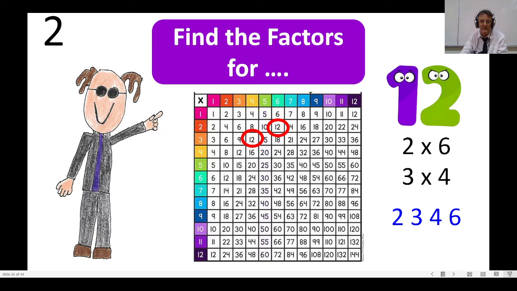So the factors for 12 are 2, 3, 4, and 6.